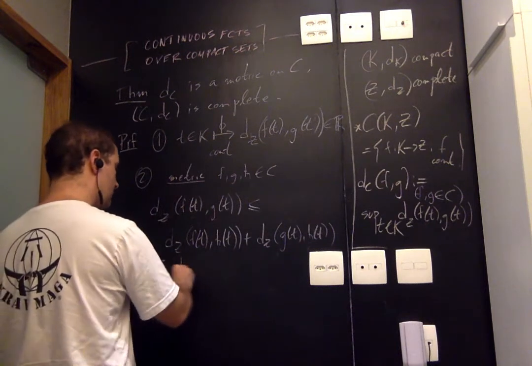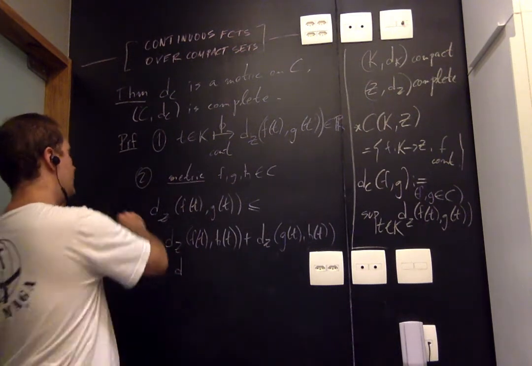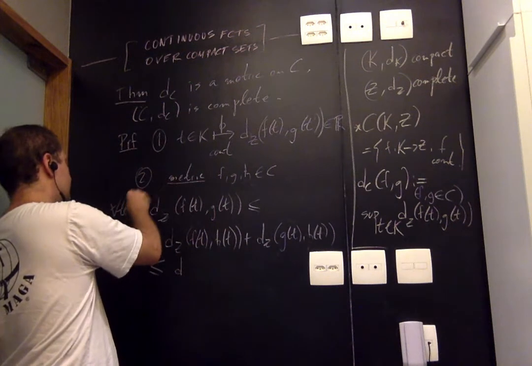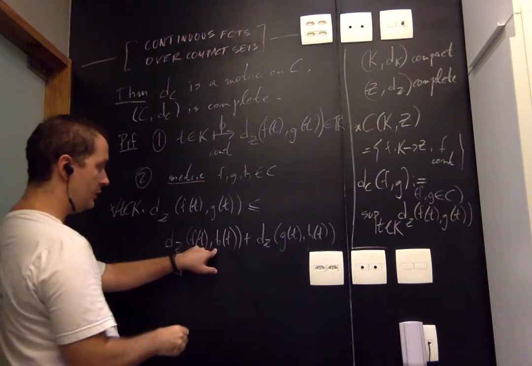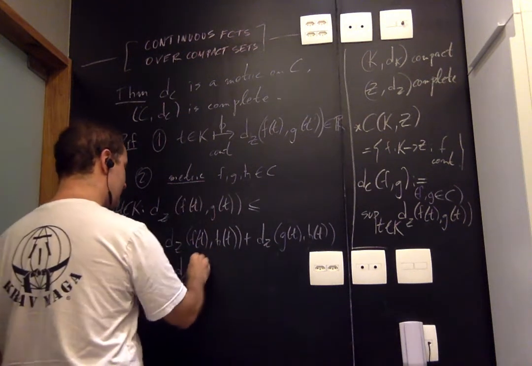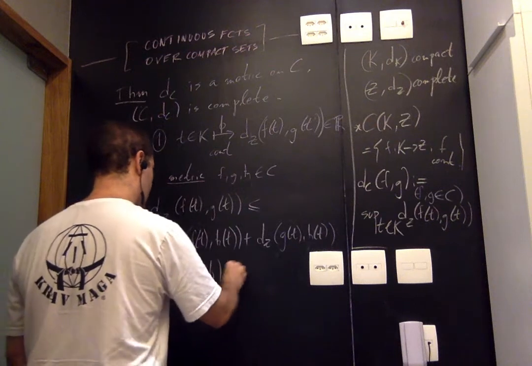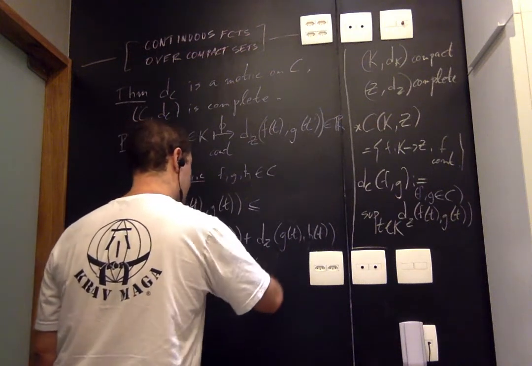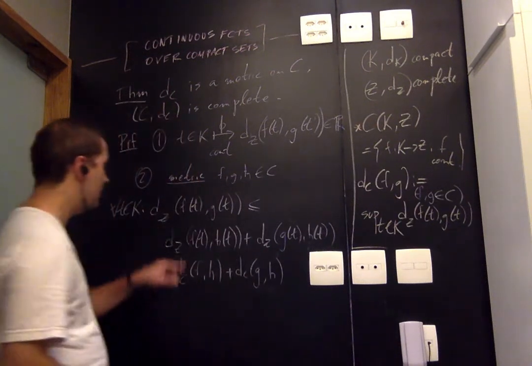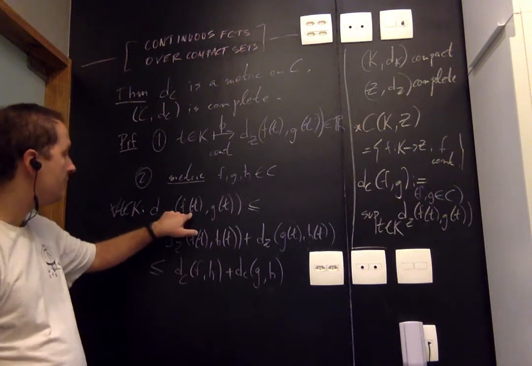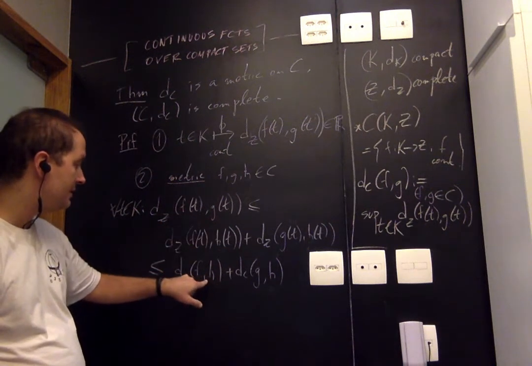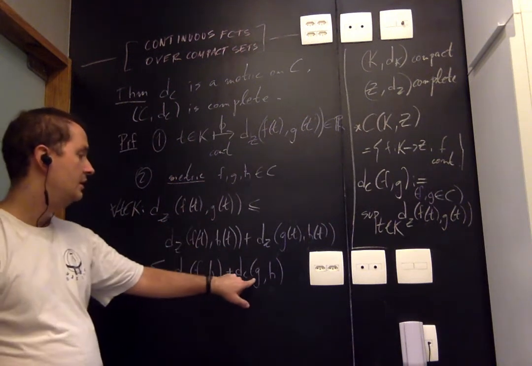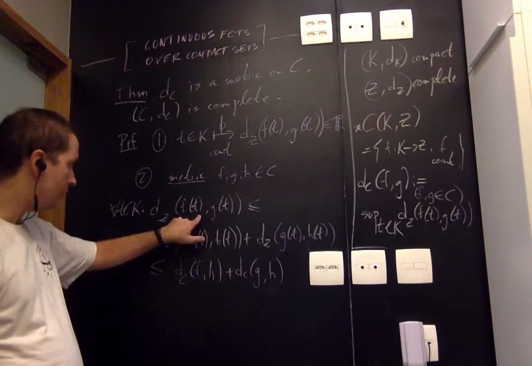And this is at most, well, if I take the sup, this is for all t and k. So I know the upper bound for this is given by d_C of f and h plus d_C of g and h. Now, this means that the distance of f of t and g of t is bounded by the distance between functions f and h plus the distance between functions g and h for all t.